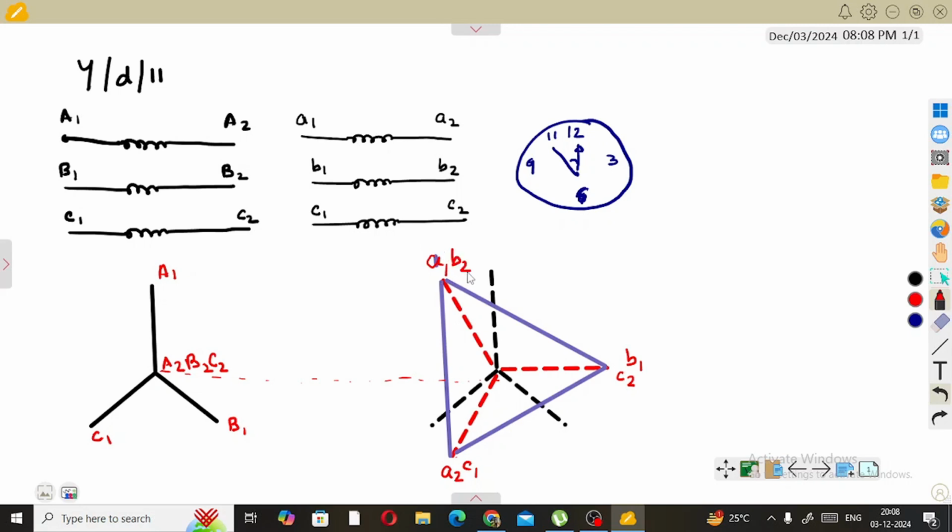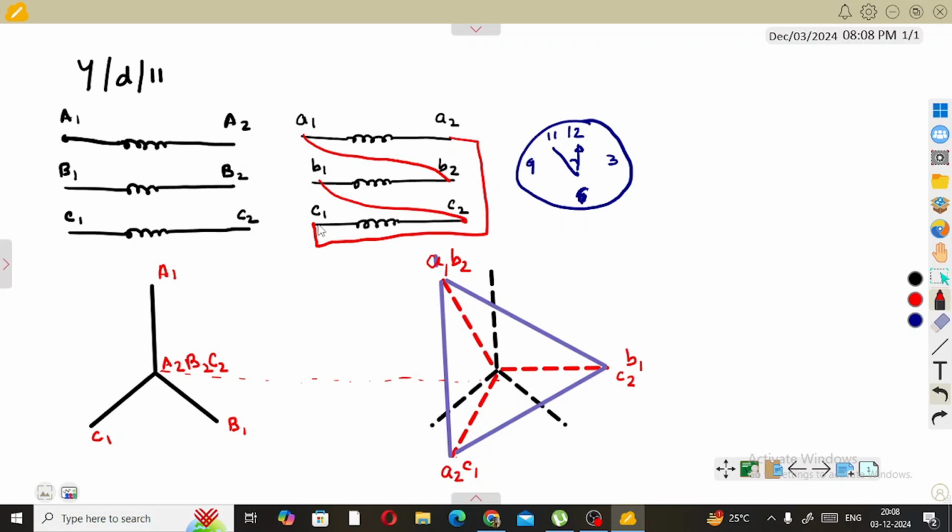So now see, I got A1 connected to B2, so I will connect this one together. Then I connect B1 to C2, and then I connect A2 to C1.